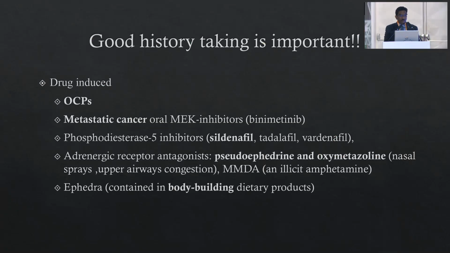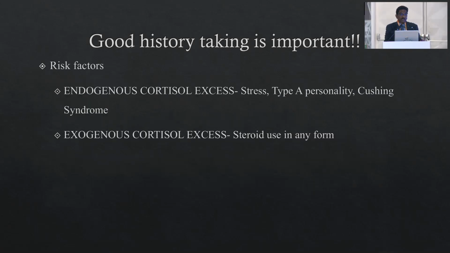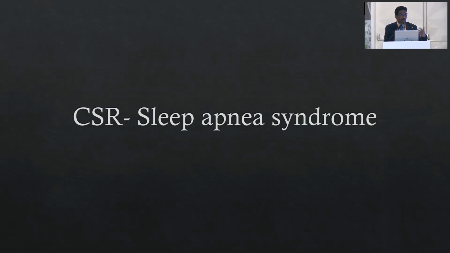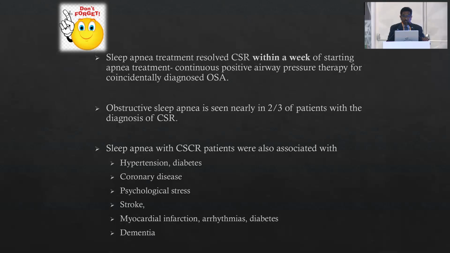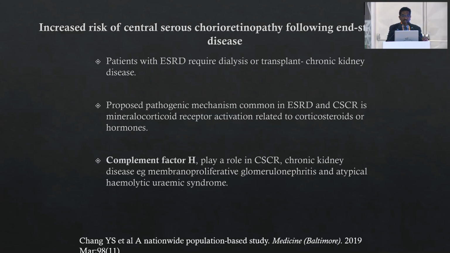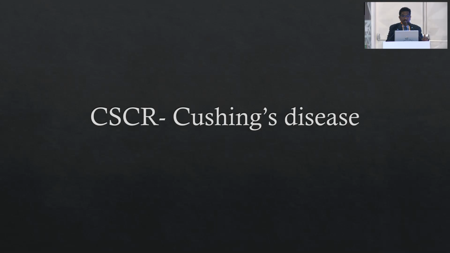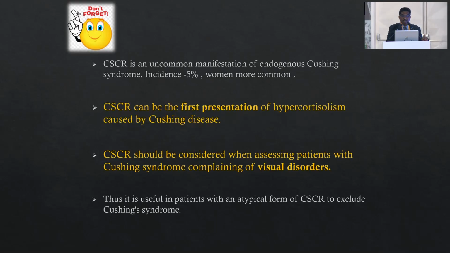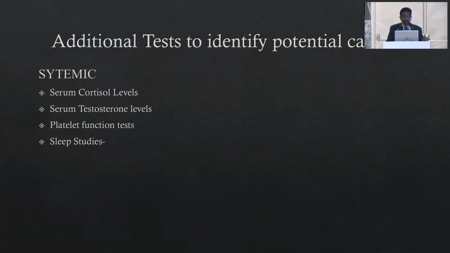The good history includes ruling out the use of any drugs, then looking for endogenous and exogenous causes. Some other causes like sleep apnea have to be considered. End-stage renal disease is one more disease which can lead to chronic disease. Cushing's disease, again, can be a first presentation of CSR, and that should be ruled out.